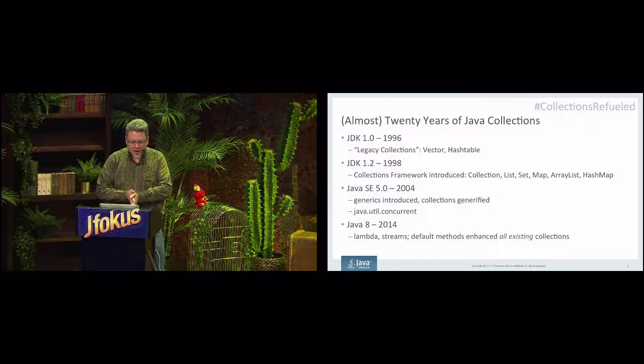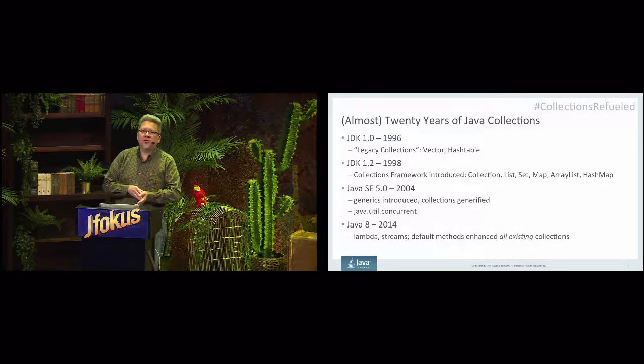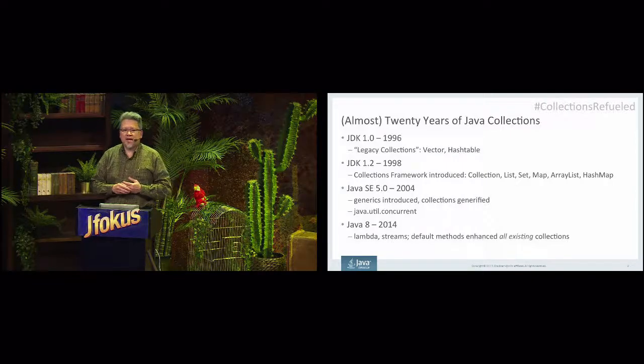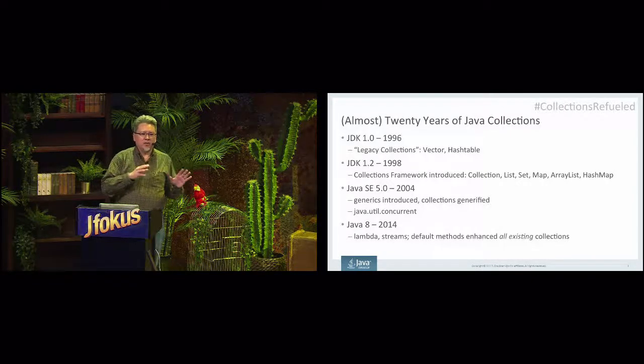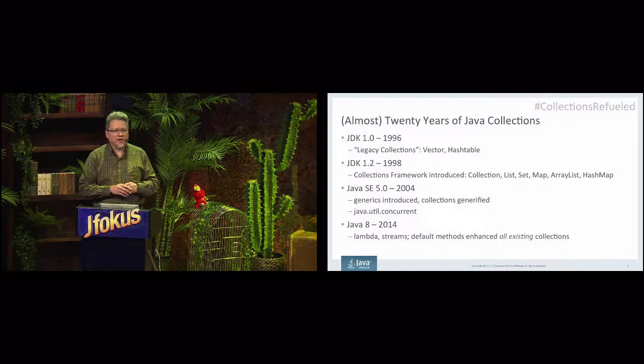And then in Java 8, of course, many people are familiar with streams and lambdas, but another language feature introduced in Java 8 was default methods. What that allowed us to do was to enhance existing interfaces in a compatible way. And so we added a bunch of default methods to those now almost 20-year-old collections interfaces.